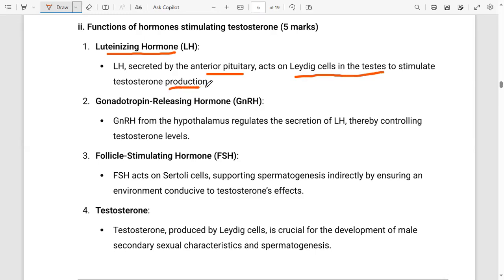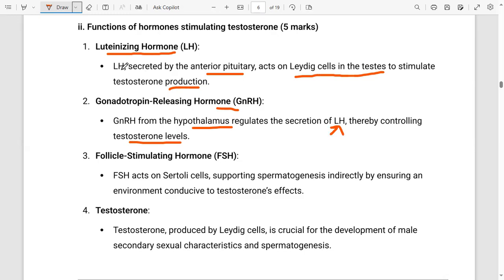testosterone. And then the second hormone that stimulates testosterone is what we call gonadotropin releasing hormone. This gonadotropin releasing hormone comes from the hypothalamus, and it regulates the secretion of luteinizing hormone, thereby controlling the testosterone levels.